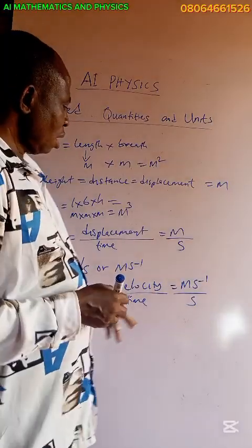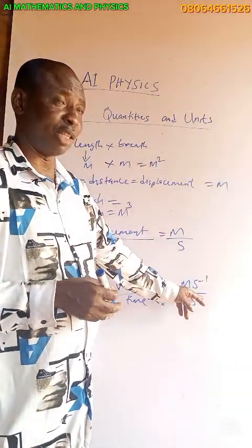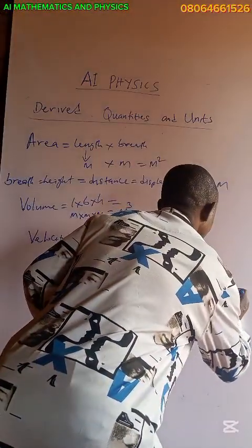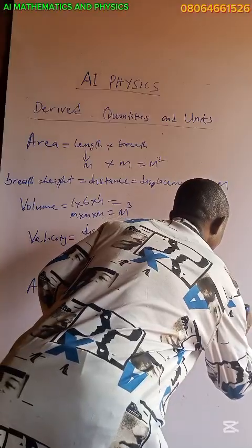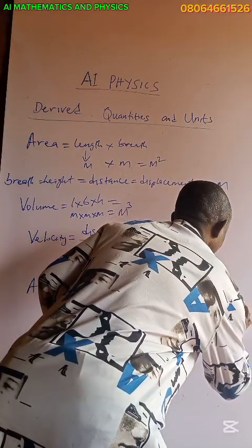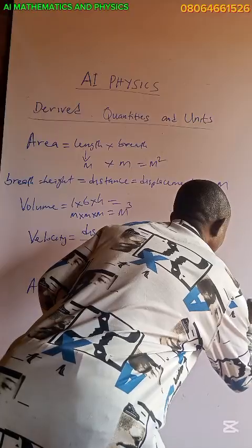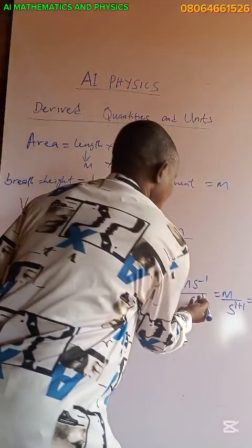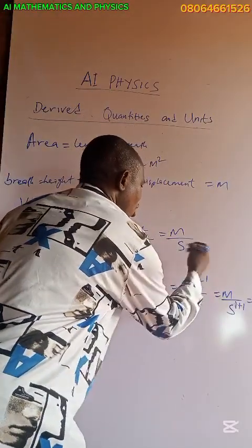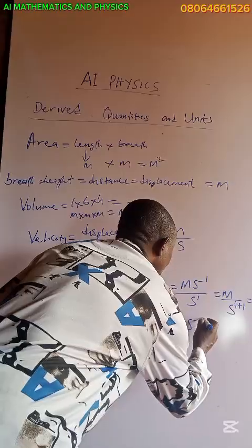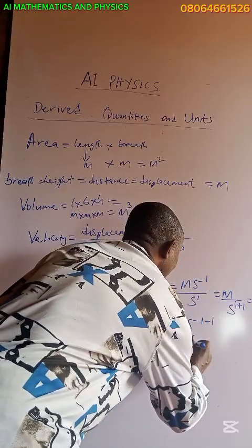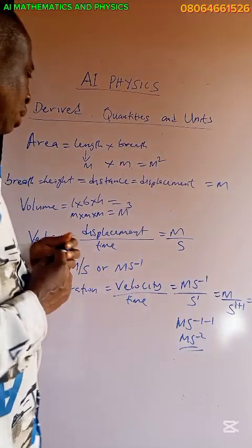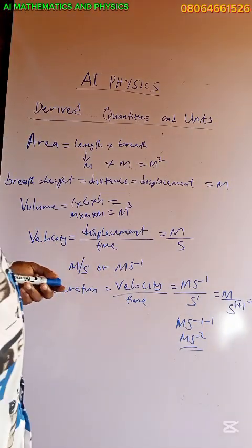If this one comes down from indices, that's why this is very important, it will become meter over s to the power of 1 plus 1. That is meter per second square. If this one goes there, it is plus; if it comes here, it will become meter s to the power of minus 1 minus 1. That's meter per second square. Which means the right unit of acceleration is meter per second square.